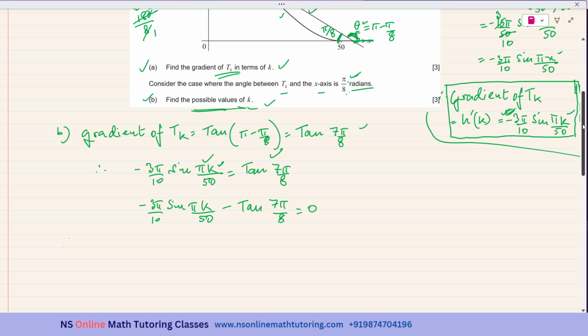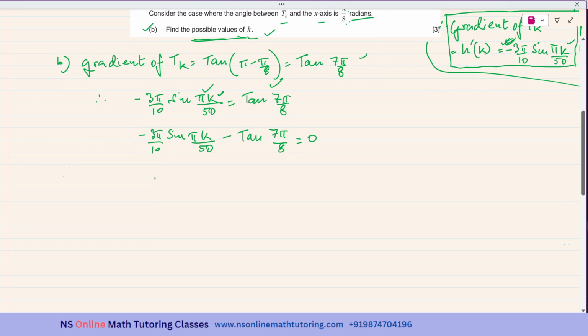And of course, many students will be asking me, can we write this as 3 pi over 10 sine pi k over 50 plus tan 7 pi over 8 equal to 0? Definitely you can write this as well. But since I have already inputted this minus sign over here, let me use this equation. I could have used this equation as well. Okay, let me draw a single graph.